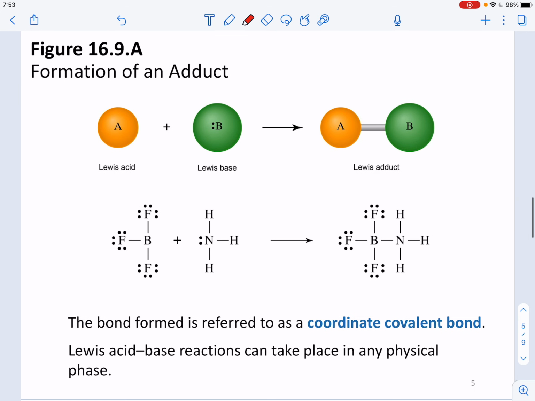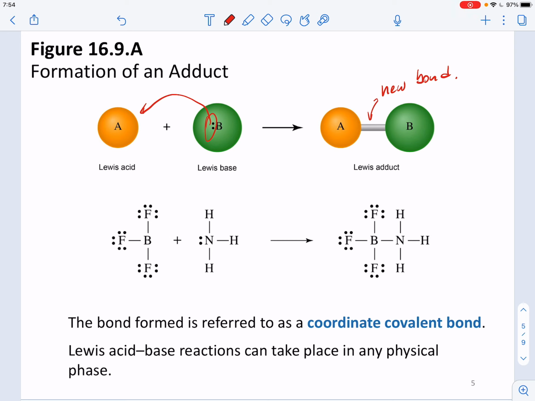So if we look in terms of a mechanism, remember the base is donating the pair of electrons and they go to the Lewis acid. The end result when you have this reaction is the formation of a new bond. The special characteristic of this bond is that, remember, any bond implies the sharing of electrons.